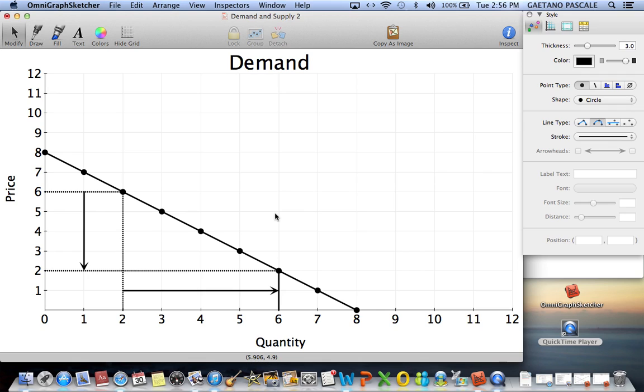So that is what I mean by the law of demand, that whatever direction price moves, quantity moves in the opposite direction. So make sure you understand that the relationship between price and quantity demanded is an inverse relationship. They move in opposite directions.